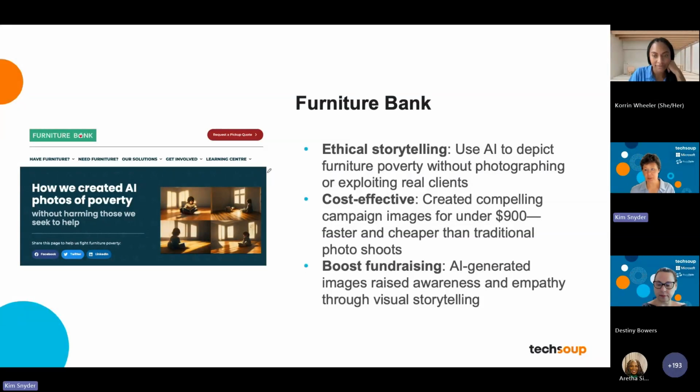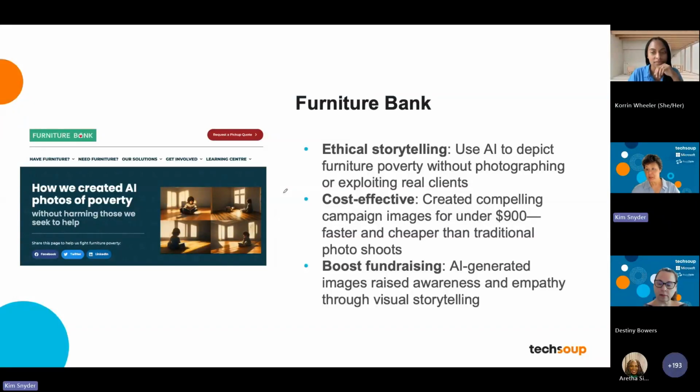The Furniture Bank did this when it was definitely like, oh, are they cheating? Are they making up pictures, right? And they used AI to generate pictures very intentionally because they were trying to do a fundraiser around people who were living in poverty. And that can be a sensitive thing, to go in and photograph people. It's an invasion of privacy. So they were able to use AI to tell that story without having to involve people.